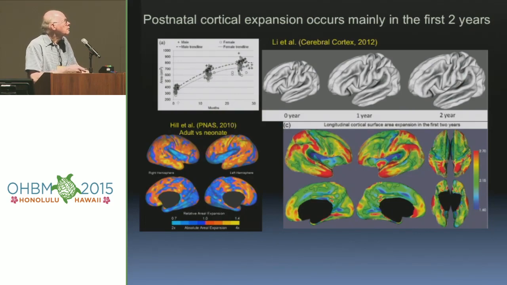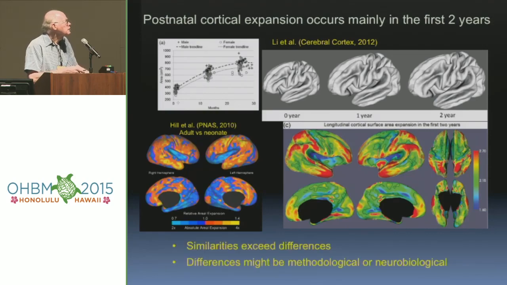They found a pattern of cortical expansion during those first 2 years that is colored differently than in the Hill et al. study, but it shows basically a lot of similarities: hotspots in temporal, parietal, and to some degree prefrontal cortex.